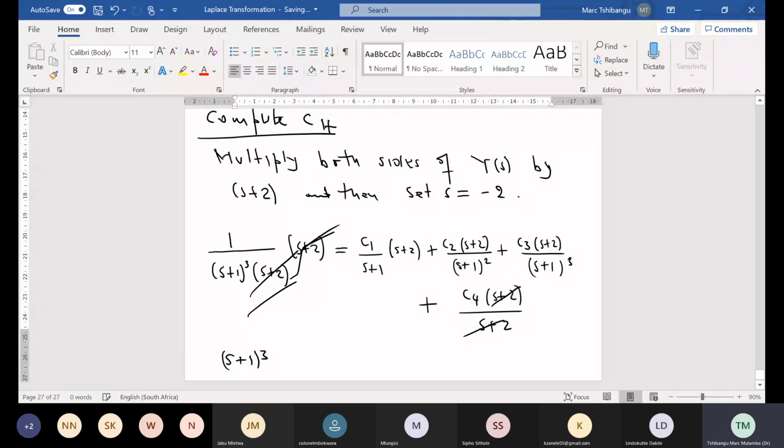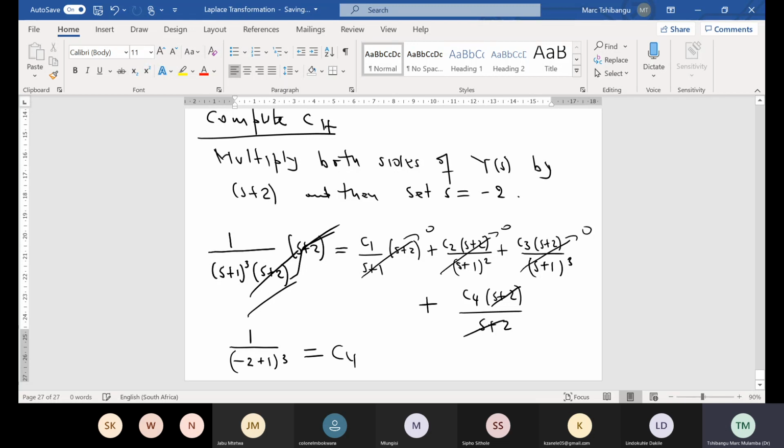I'll just skip a few steps again because everybody should now understand. After cancelling all the like terms, the next step is to sub s equals -2. If we do that, we're going to end up with 1 over (-2 plus 1) to the power of 3. If you sub -2 in the other terms, they will be equal to 0. We're going to remain with C4.